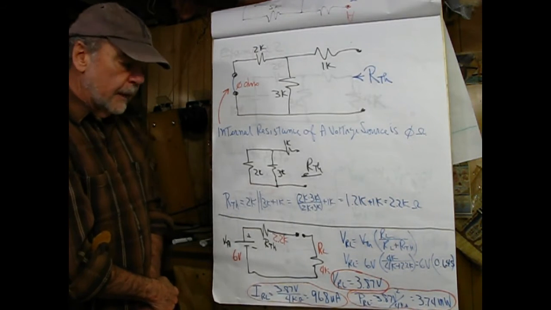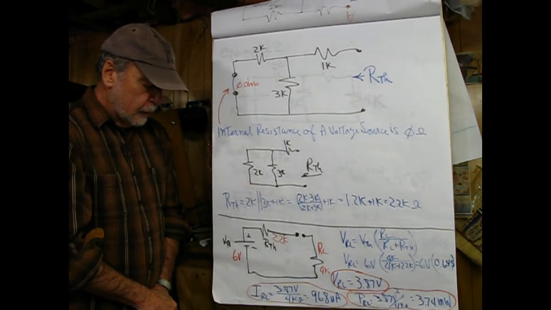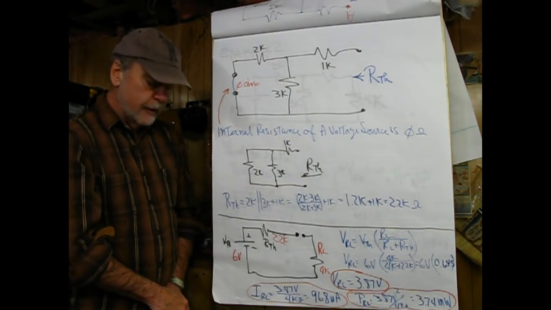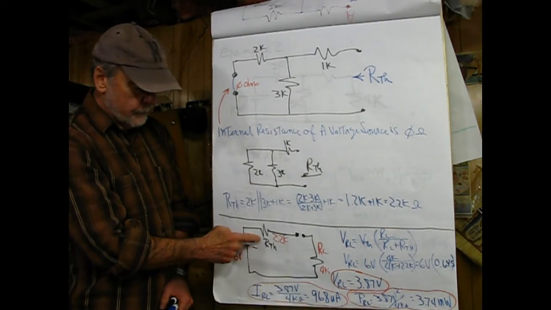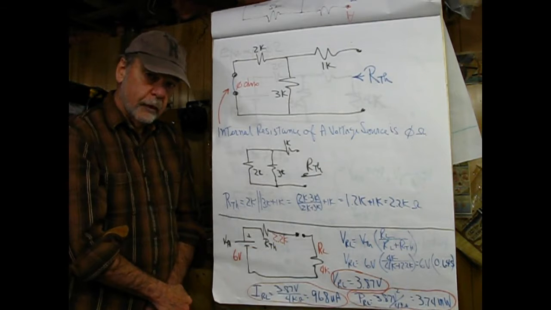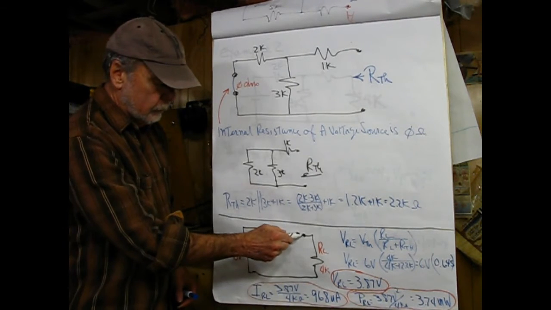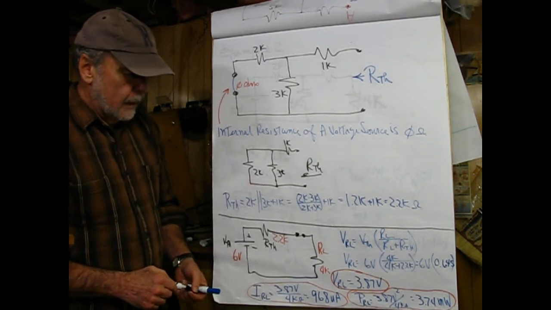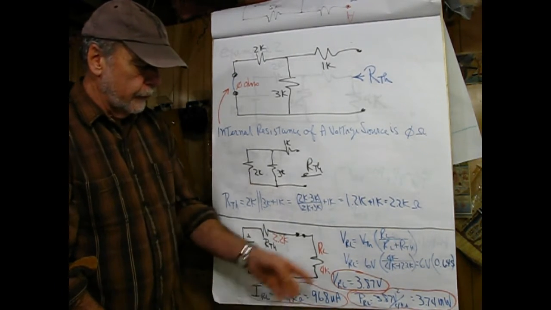Now we can redraw the circuit using our VTH and RTH. So we're going to substitute 6 volts for VTH and 2.2K for RTH. Reinsert our 4K load resistor and put it back in there. There we go. And now it's just a series circuit. Just apply the voltage divider here.